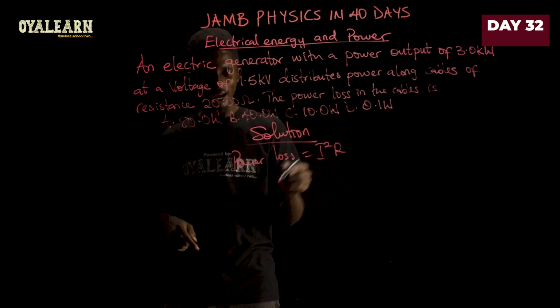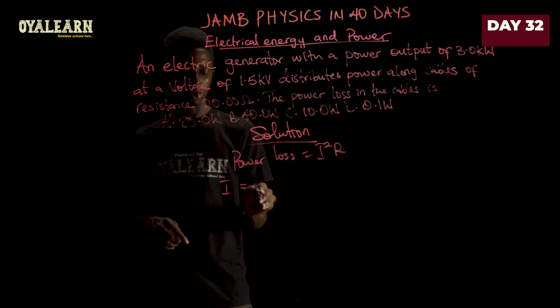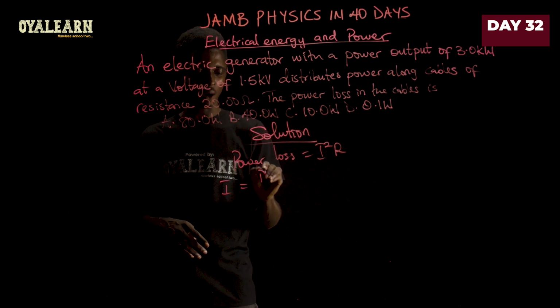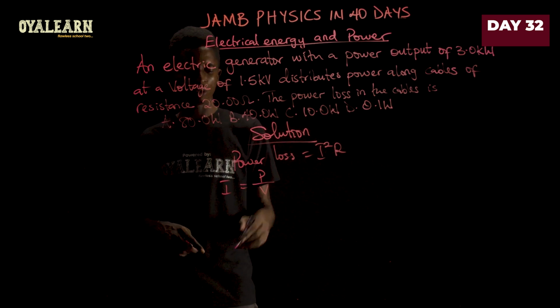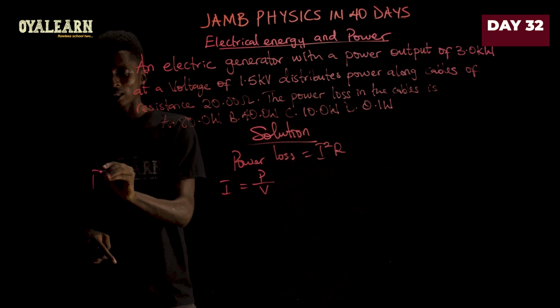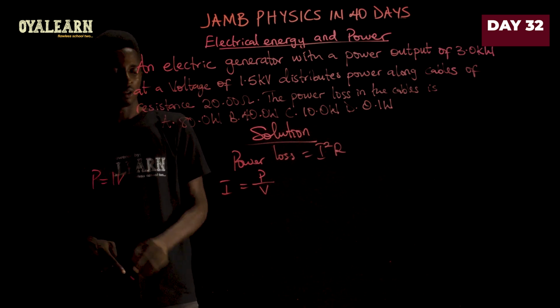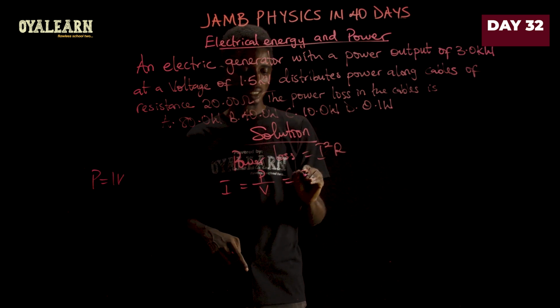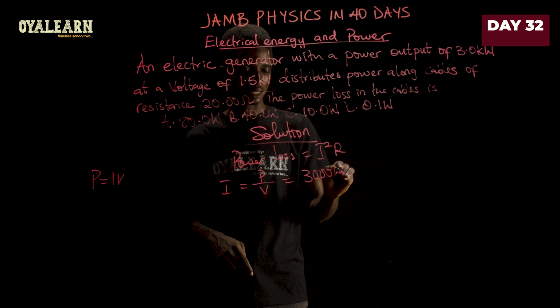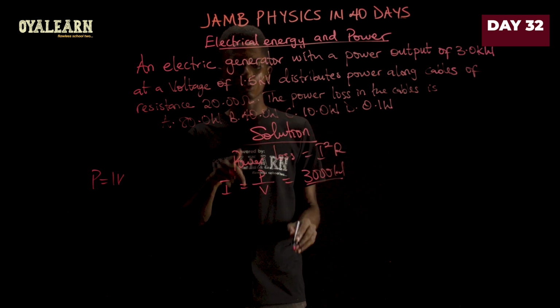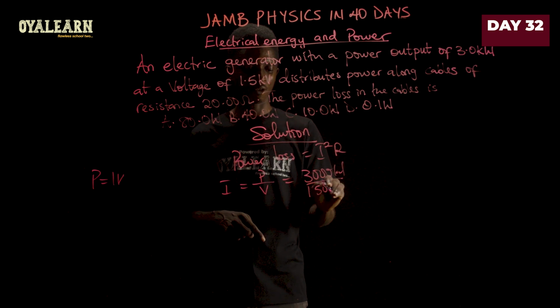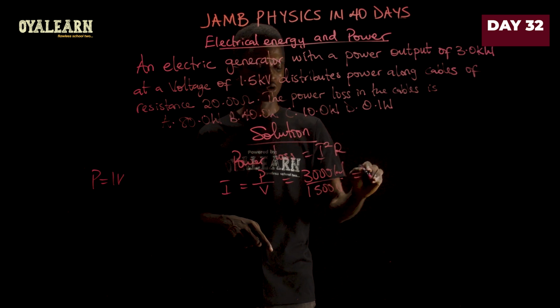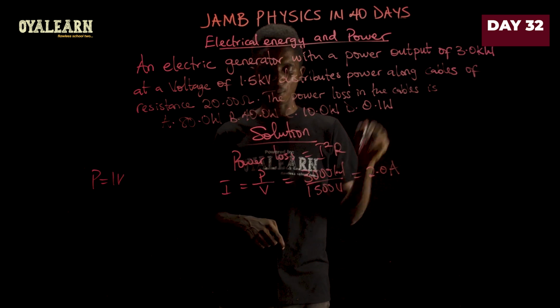So to find I, remember I equals power over voltage. Now this is from the fact that power equals IV. So from here we can say the power, which is 3 kilowatts, that's 3000 watts, divided by the voltage, which is 1500 volts, and this will give us 2.0 amperes.